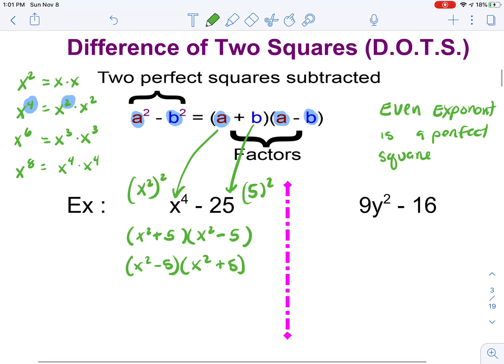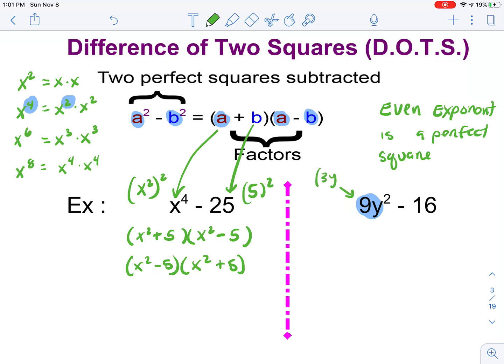The other thing we need to remember about difference of two perfect squares is that it can include terms that have a combination of variables and coefficients. So here we have a 9 as our coefficient. It is vital that that coefficient is a perfect square as well, because in order to get that first term, we need to multiply the same thing. So what is the base of 9y squared in terms of this difference of two perfect squares structure?